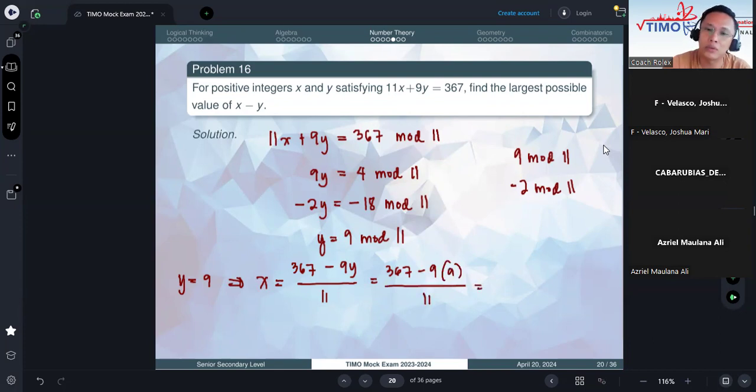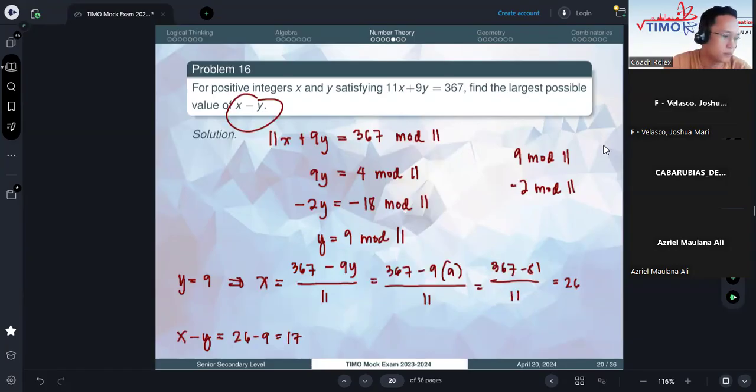This is equal to 367 minus 81 over 11. 367 minus 81 is 286, divided by 11, of course, that is equal to 26. Then x minus y is actually equal to 26 minus 9, which is equal to 17. So the answer for this is 17.